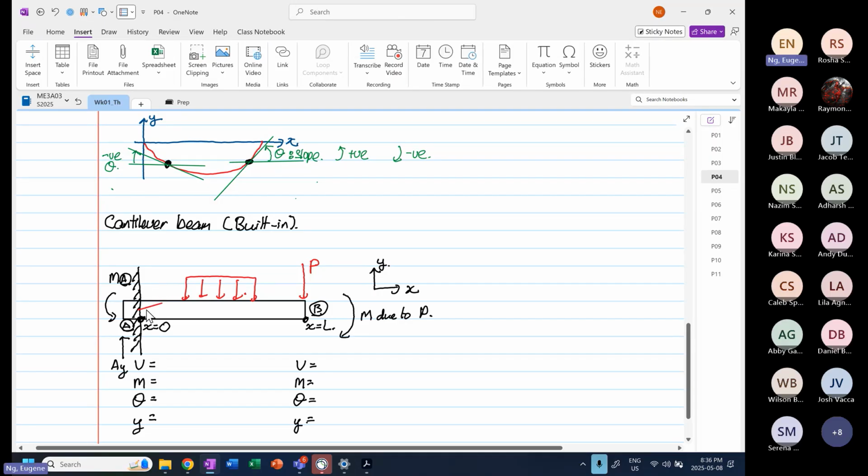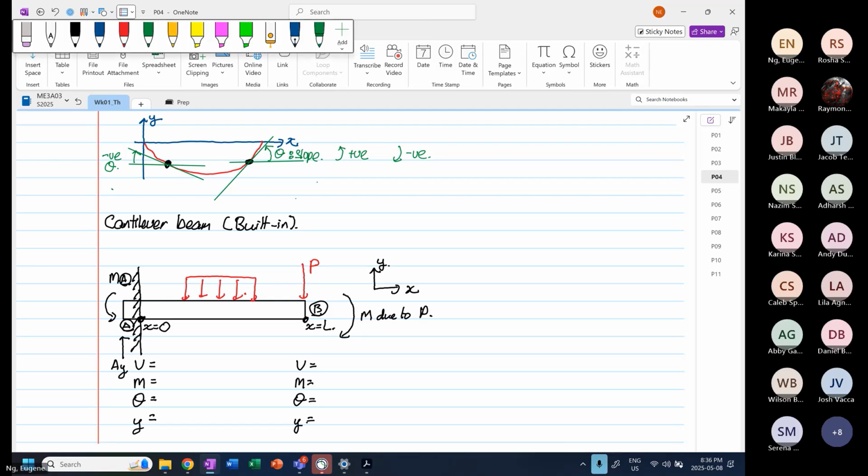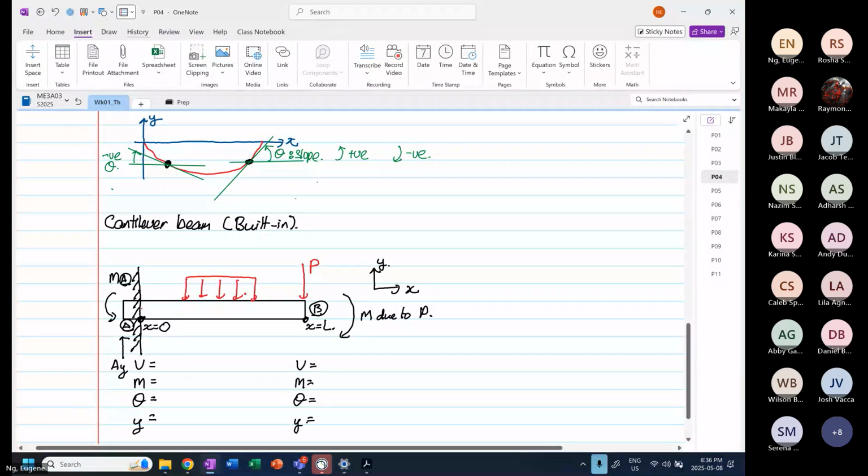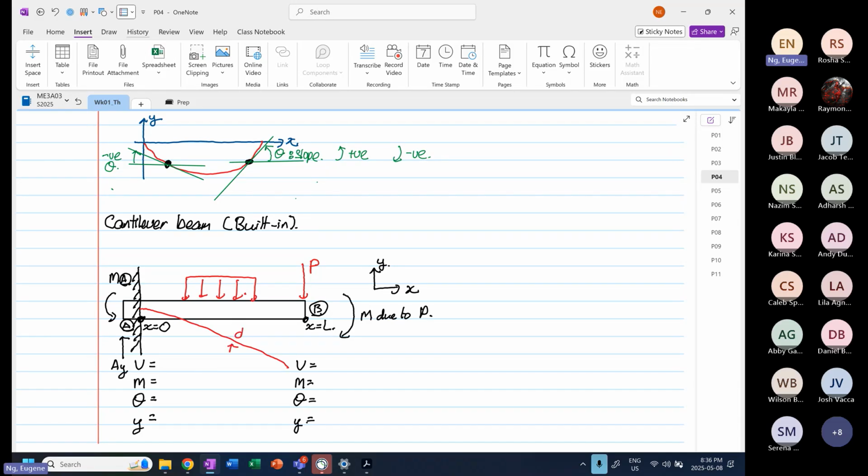I'm going to draw a very short straight line, and then it's going to bend this way. Okay, so this is the deformation pattern.